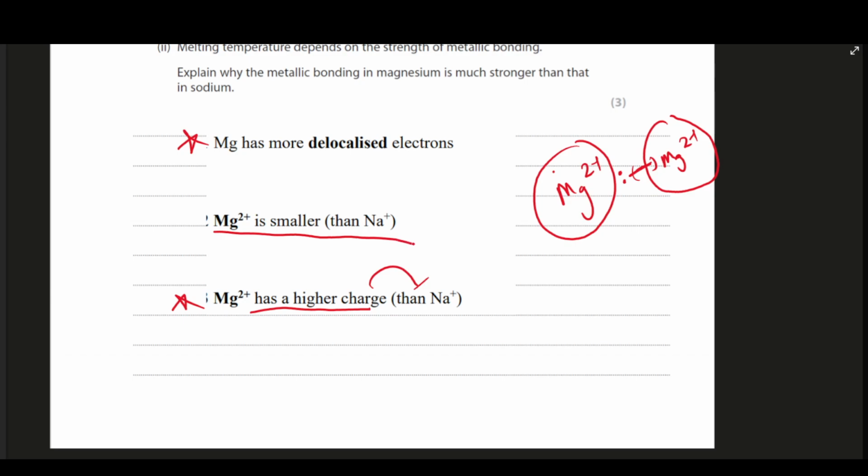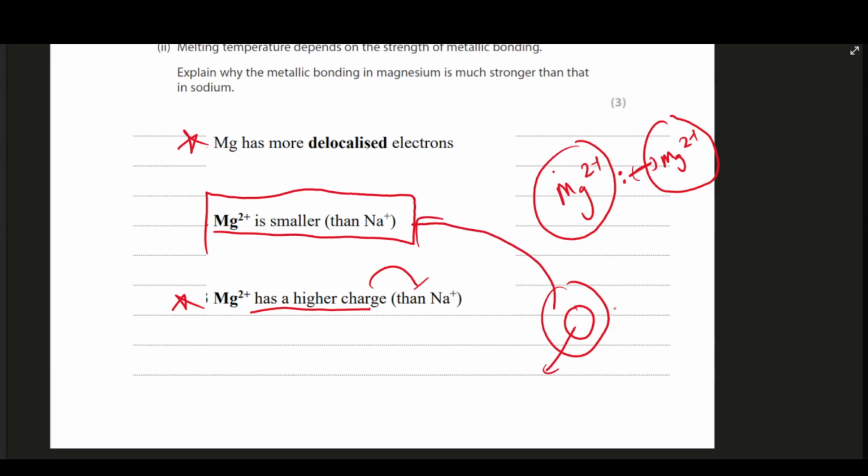And the second part that must come is that Mg2+ is smaller than Na+. Obviously what is happening here, two electrons are being lost from its outermost shell. So the attraction between the outermost shell and the nucleus is going to increase. So this will result in the decrease of ionic radius of Mg2+. Did you understand the three points? These three basically contribute to stronger metallic bonding.